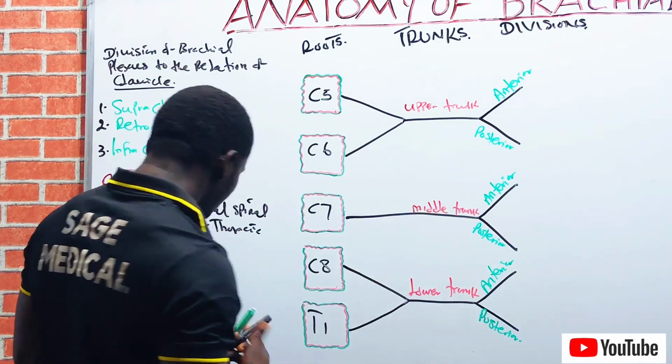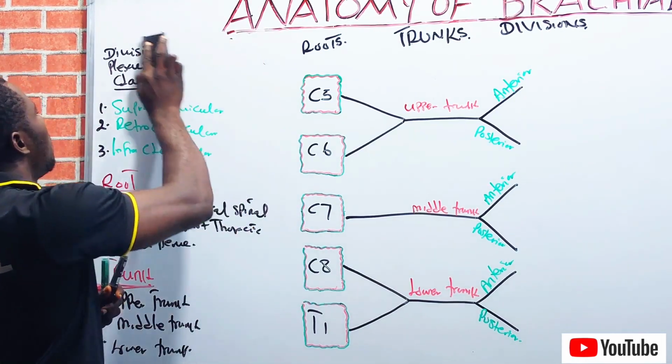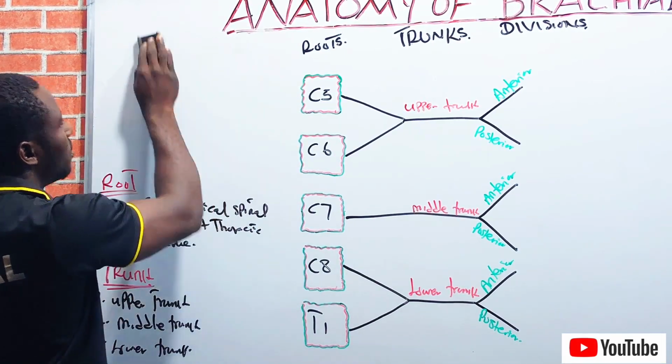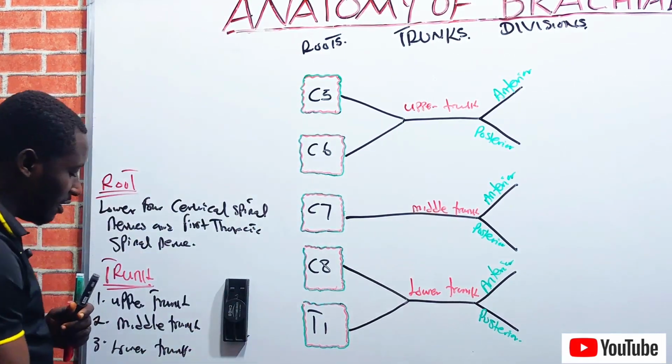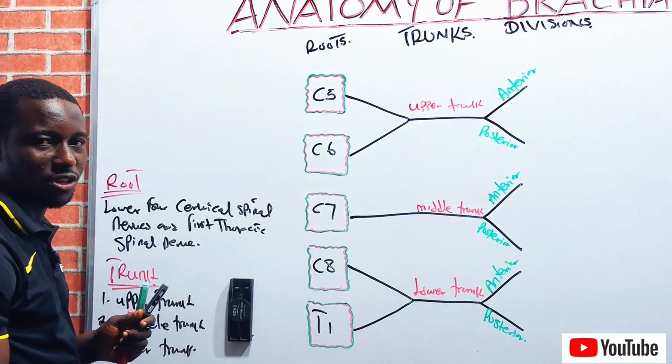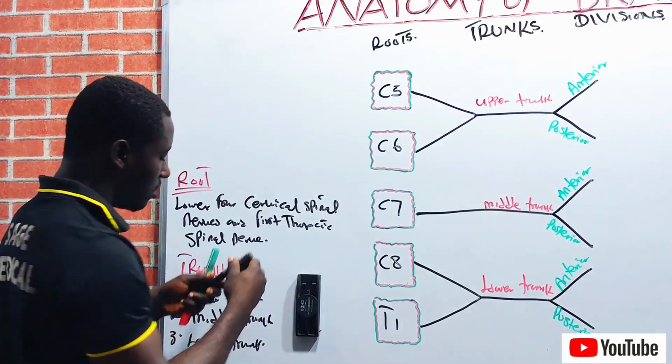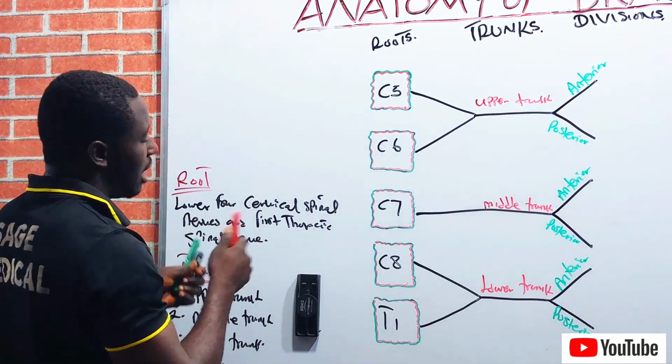Okay, the next to be discussed is the chords. Recall that the division lies behind the clavicle. It can be called the retroclavicular part of the brachial plexus. We have our chords.